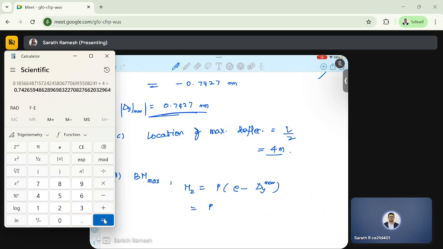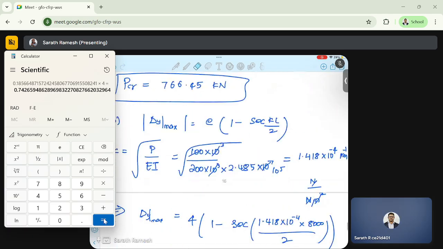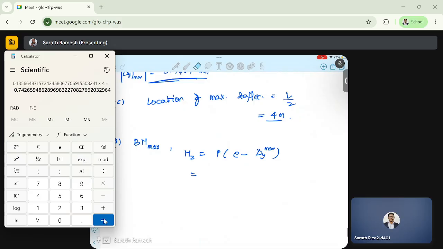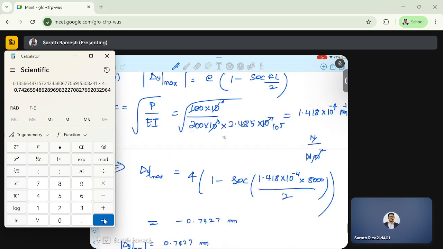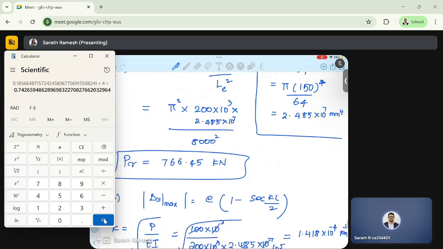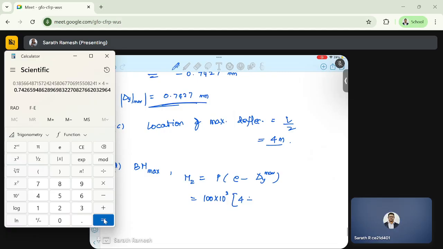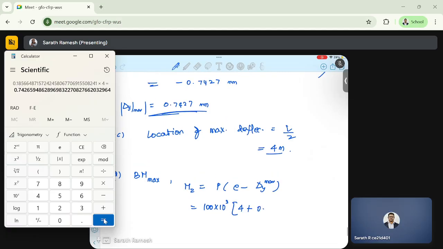So P is 100 into 10 power 3 into E is 4, and there is a minus sign, it will become plus 4.